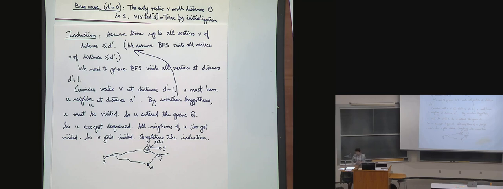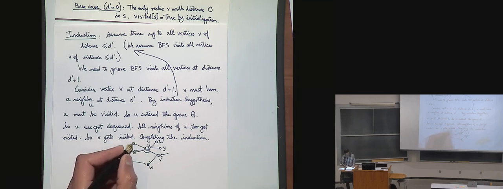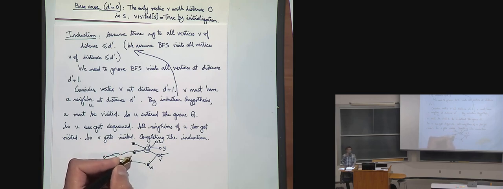X and Y could have actually been closer to S, so maybe they got visited even before. But the whole point is that when a vertex exits the queue, all of its neighbors are visited, either because of you or maybe they just got visited before. I don't exactly care in this proof how that happened, because I'm not talking about the predecessors.